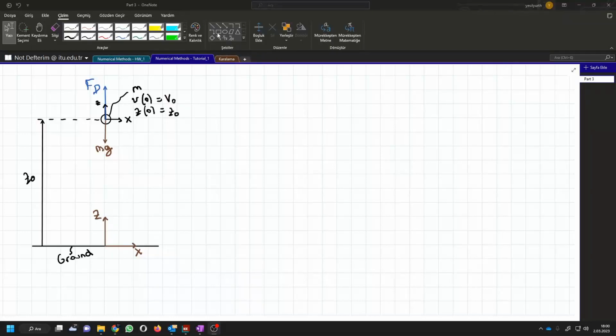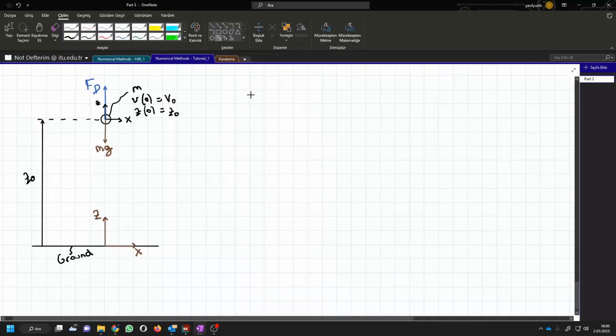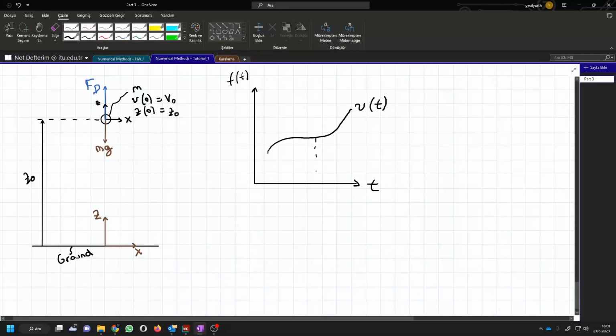So let me show this on a graph here. I have a function here, an arbitrary shaped function. Let's call this v of t. So I'm trying to calculate the derivative of this function at time t, let's say.